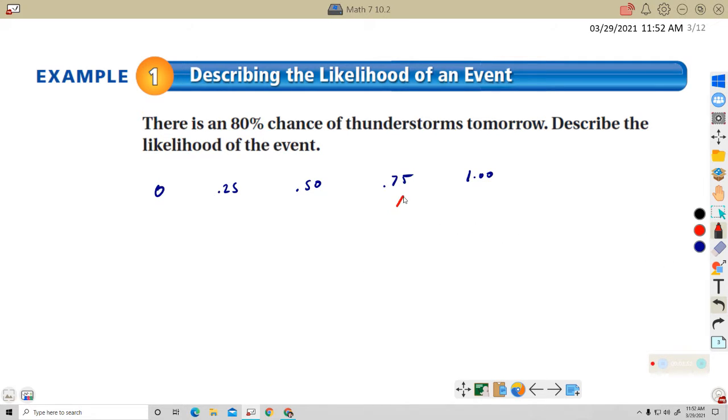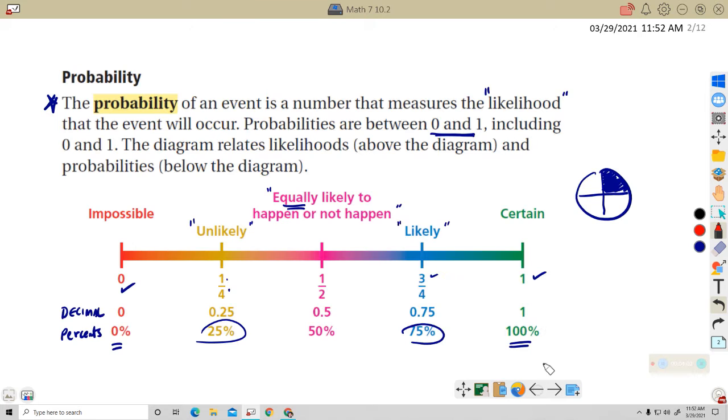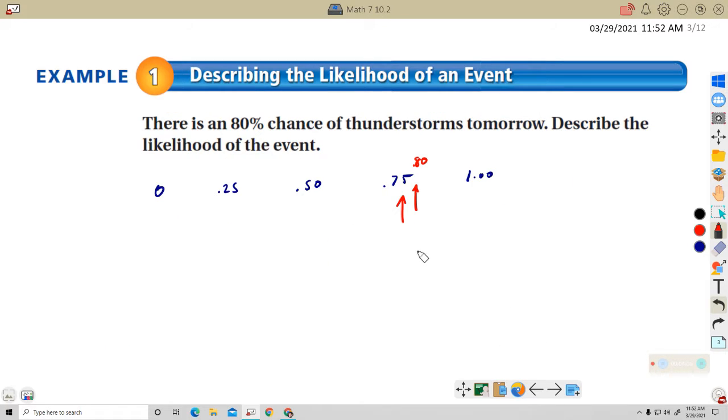Well, it was closest to this, right? 80% would be here, 0.80. So describe the likelihood of the event. What was our language here? That is likely. So this one, if it's 80%, it's likely going to have a thunderstorm tomorrow. Right? You're going to go to the one that's closest.